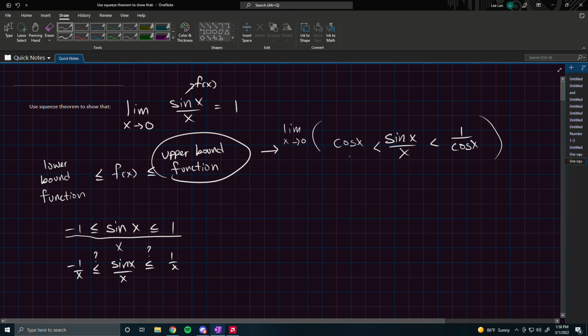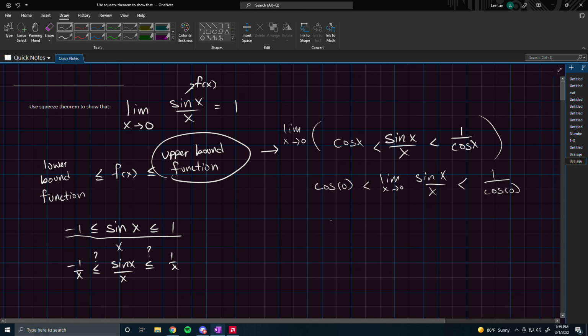The limit as x approaches 0 of cosine x is the same thing as cosine 0, which is less than the limit as x approaches 0 of sine x over x, which is less than 1 over cosine 0.